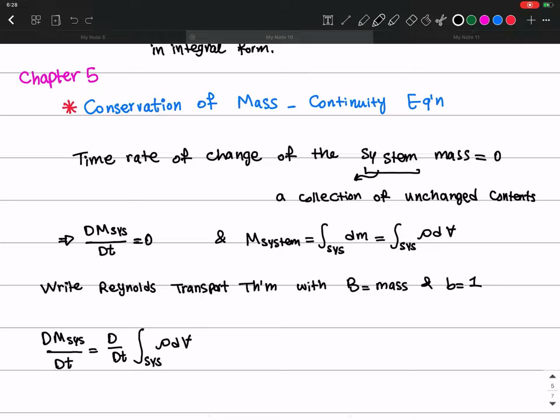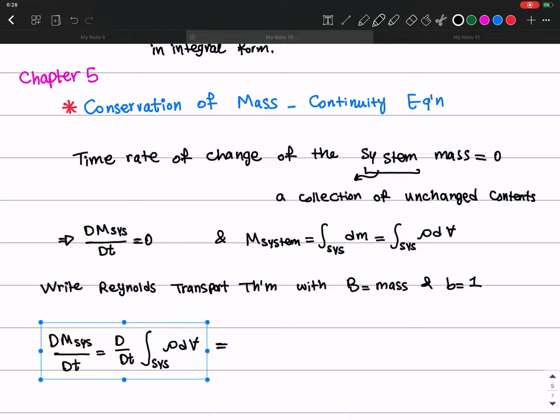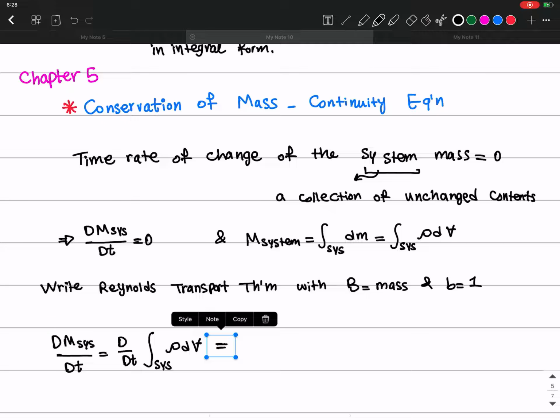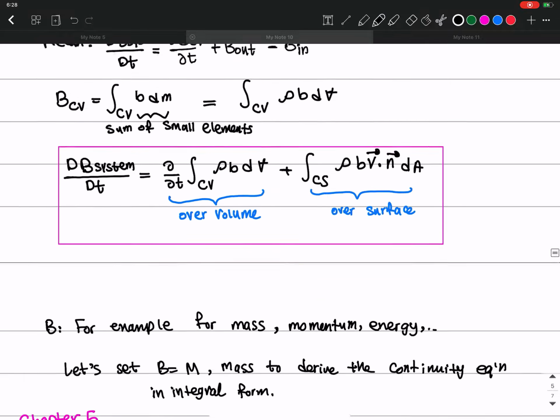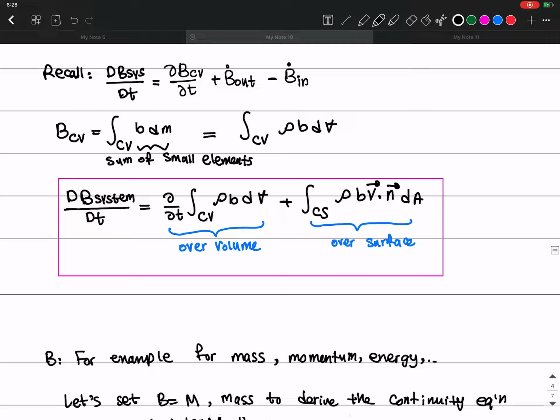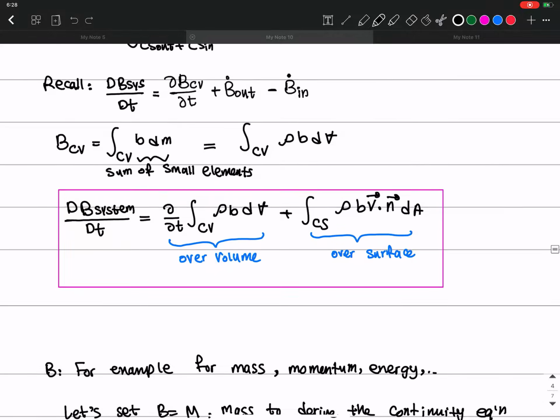This equals the sum of these two terms, partial over partial t of the integral of rho b dv, and small b here is 1, so I just set this to 1, and this b is also 1 as well.